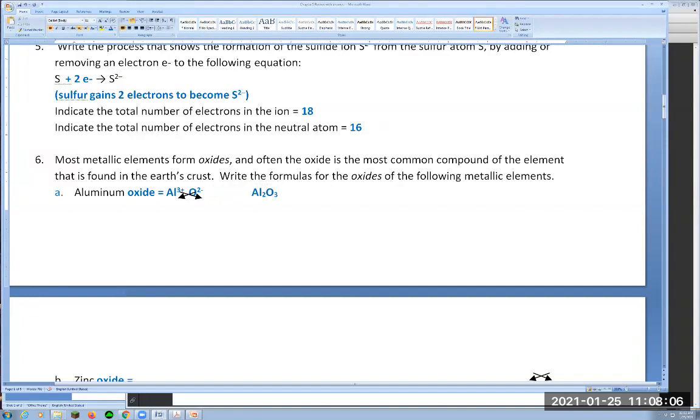And it makes sense if you check that the number of positive charges cancels the number of negative charges. 2 aluminum with 3 positive charges each is 6 positive charges in total, and 3 oxygen with 2 negative charges each, 2 times 3, is 6 negative charges. 6 positive charges cancel the 6 negative charges.